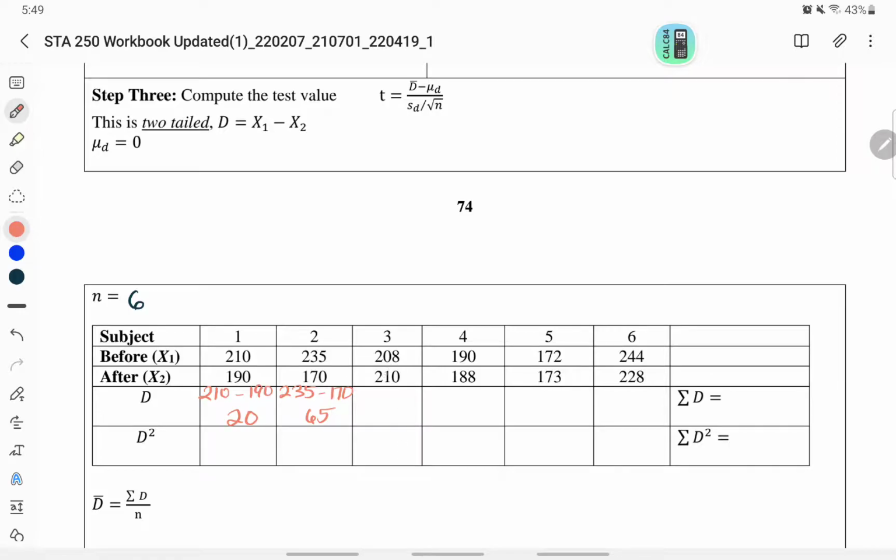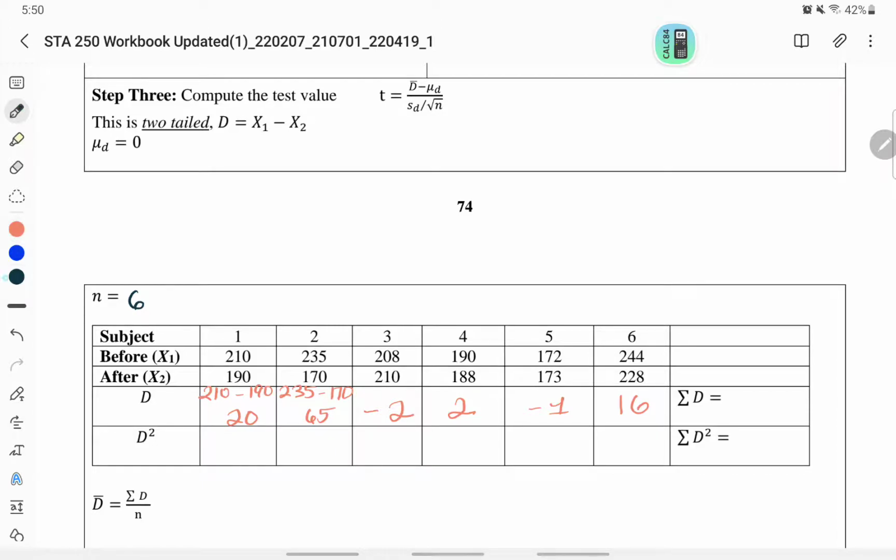Continue the same pattern. 208 minus 210 is negative 2. 190 minus 188 is positive 2. 172 minus 173 is negative 1. 244 minus 228, that is positive 16.